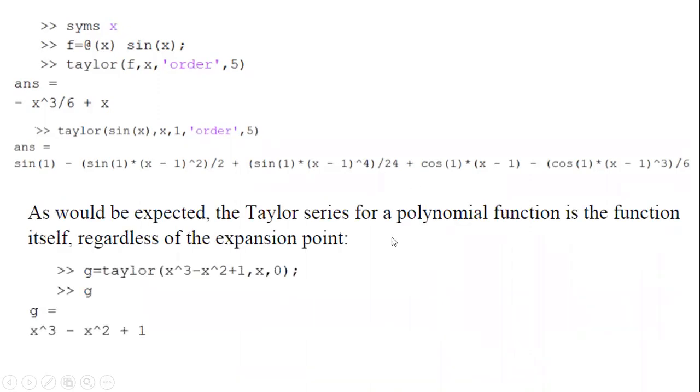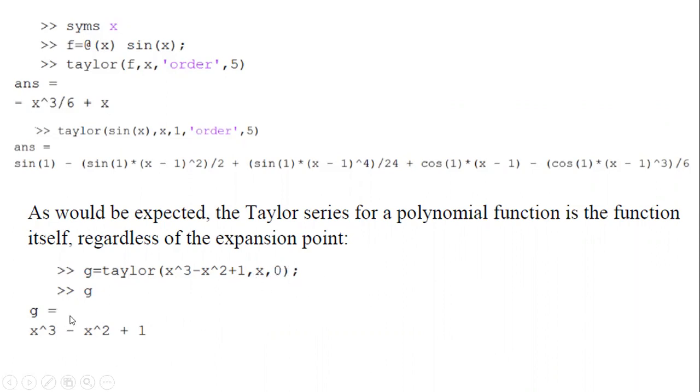So as you expected, in Taylor series for the polynomial function is the function itself regardless of the expansion point. So as an example, say we define the result of the Taylor series as g. So g is equals to Taylor. This is a function. You can define here our variable x, dependent variable, then the a value which is 0.